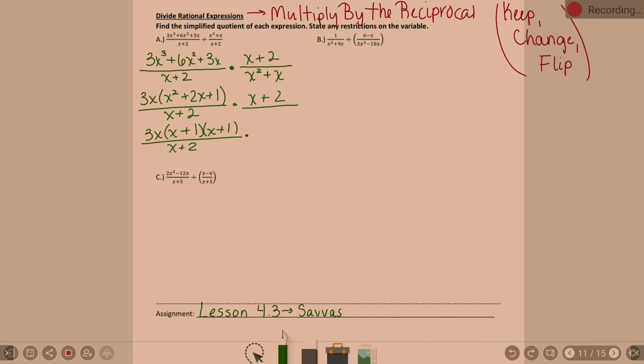Just think GCF of x. If I factor out GCF of x, x squared divided by x leaves me with x, plus x divided by x is 1. So that second fraction is x plus 2 over x times x plus 1.